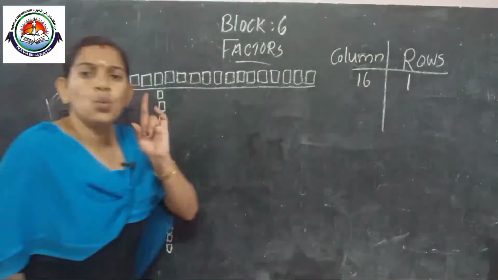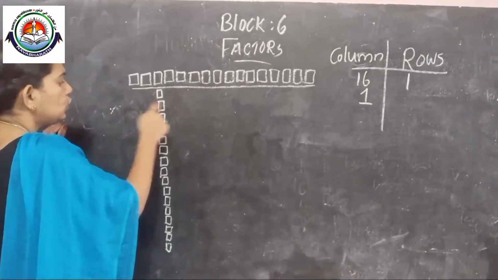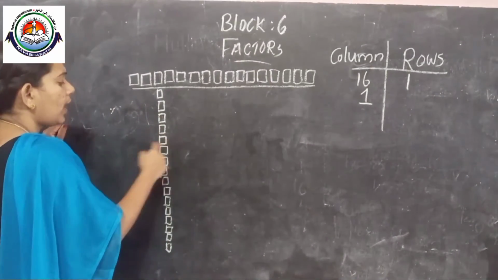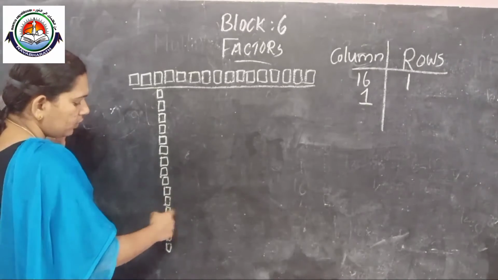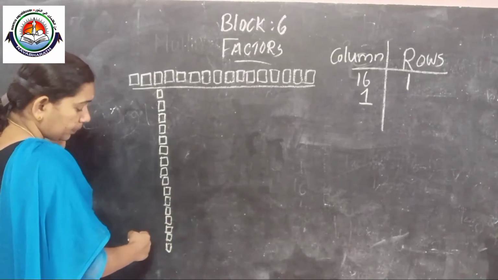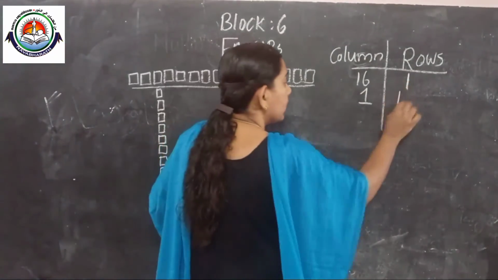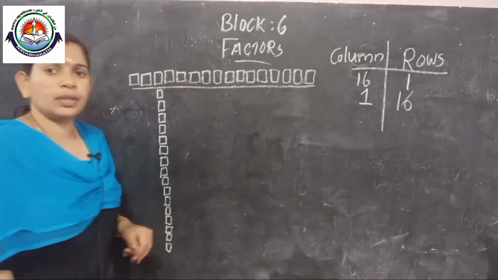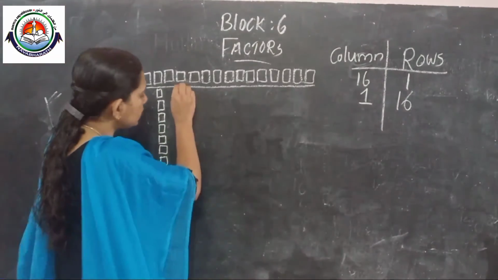Only 1 column. How many rows are here? 16 rows. This much only. Any other way? Yes, we can arrange this way.